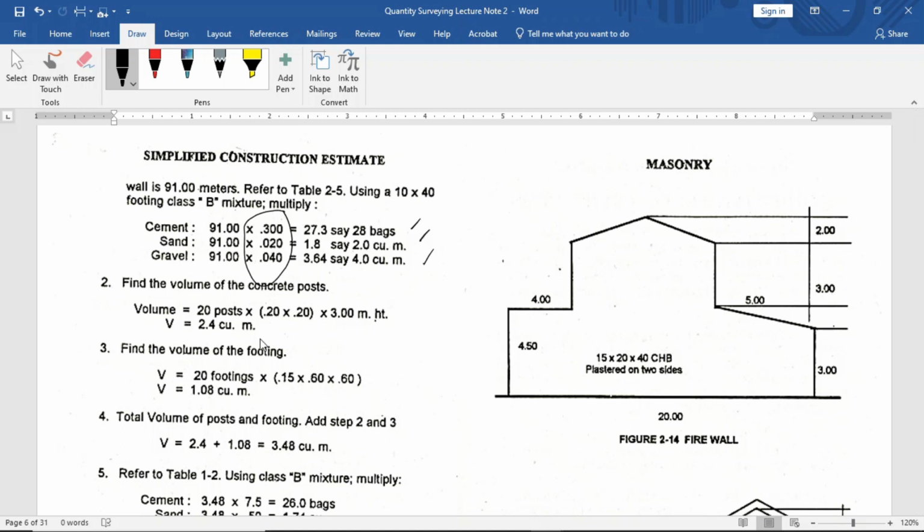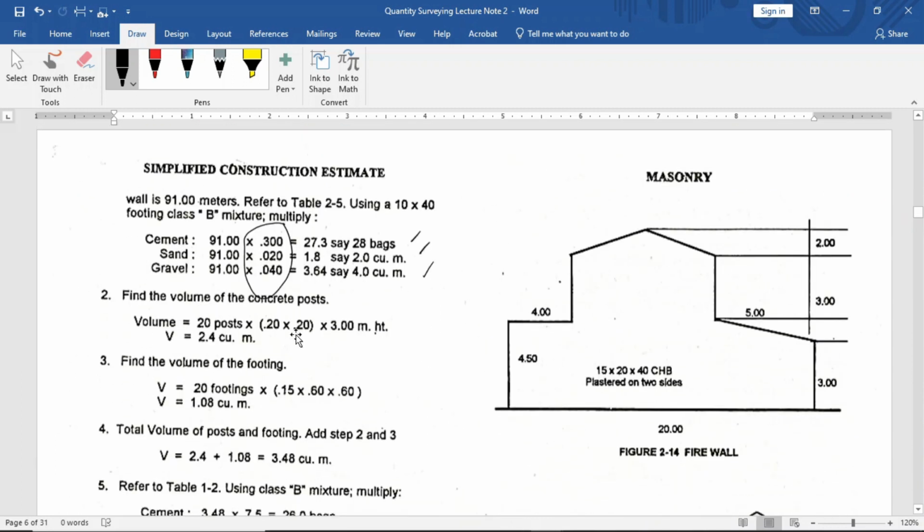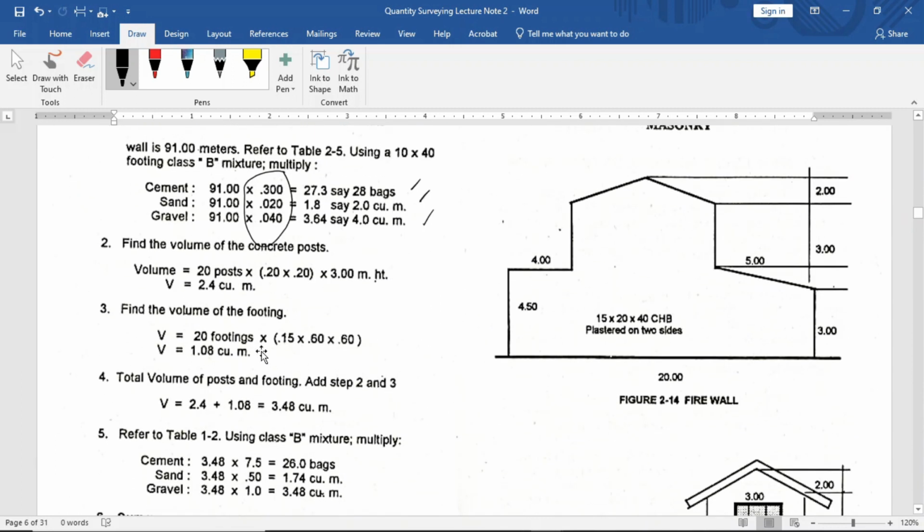So, para naman sa footing, ang footing natin is 0.6 by 0.6 times 0.15. So, 20 footings times 0.15 times 0.6 times 0.6. Ang volume natin is 1.08. So, volume total is equal to 2.4 plus 1.08 is equal to 3.48 cubic meter.